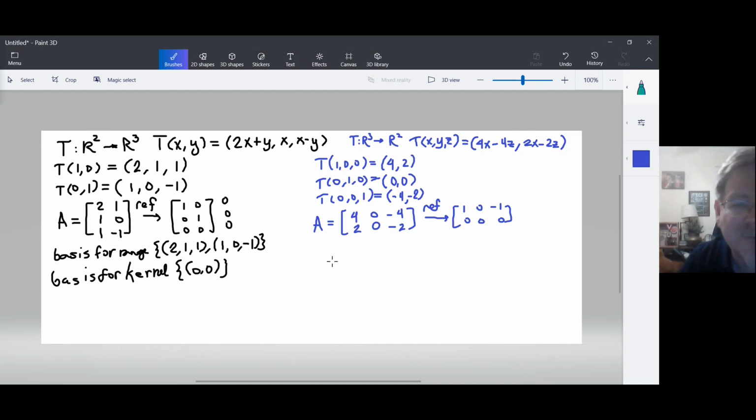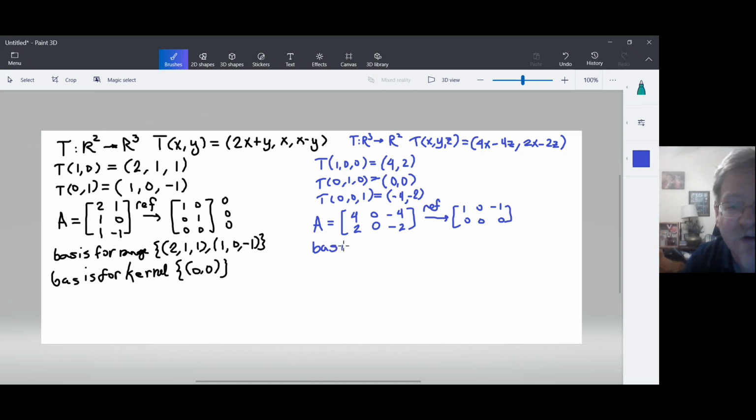So this is the row echelon form for our standard matrix. We only have one leading one. It's just this first column here. That -1 over there is not leading. So we only have one leading one. So basically, the basis for the range is just the vector 4, 2.